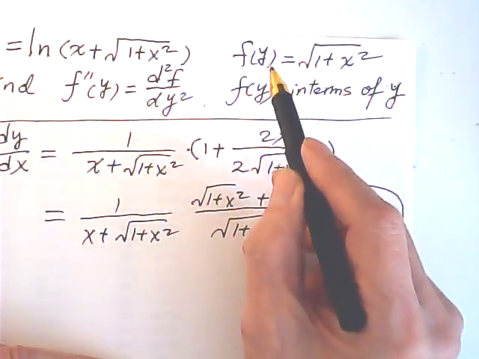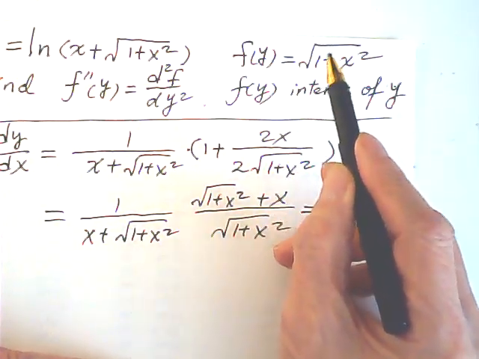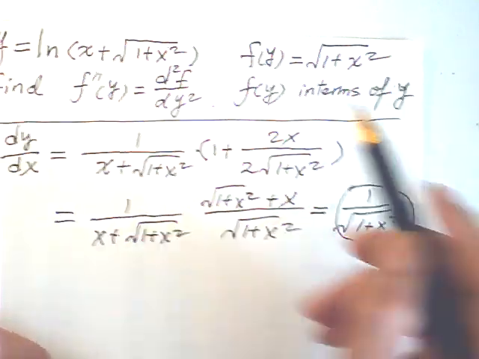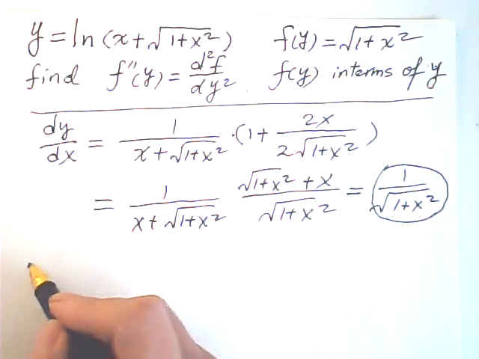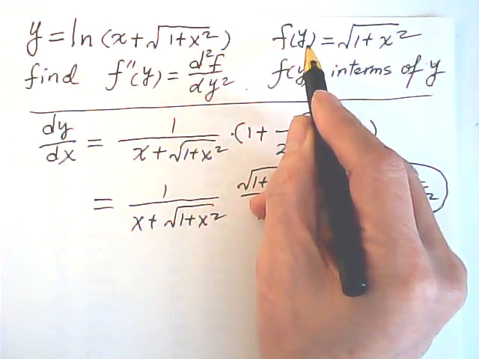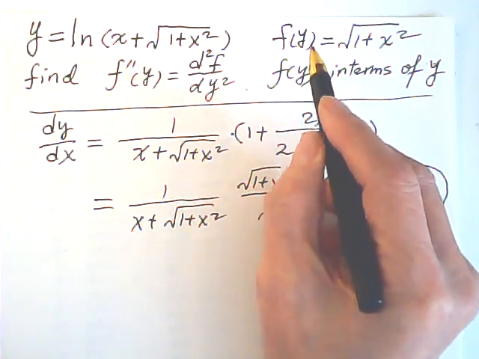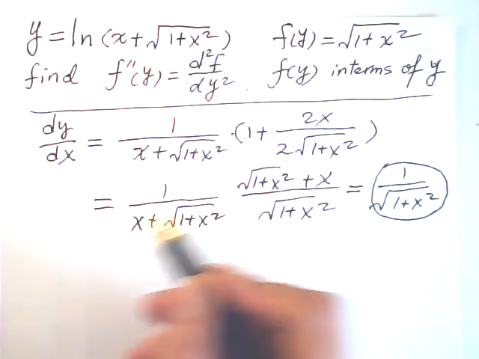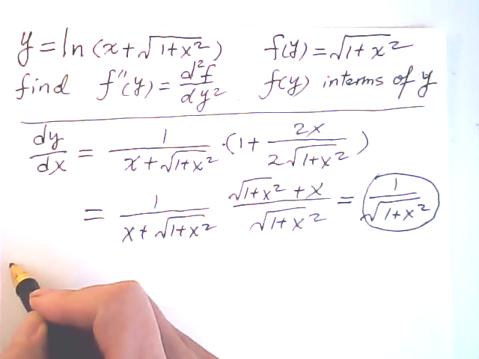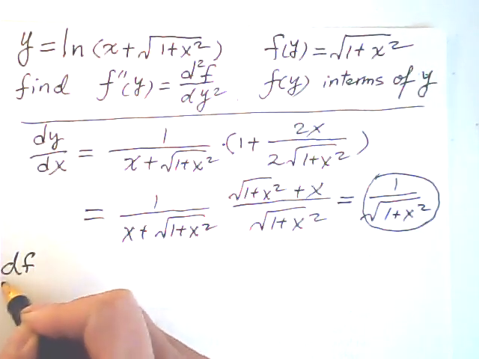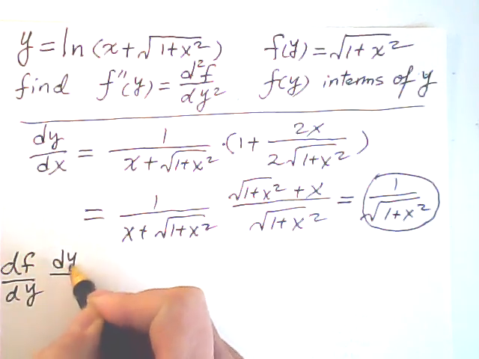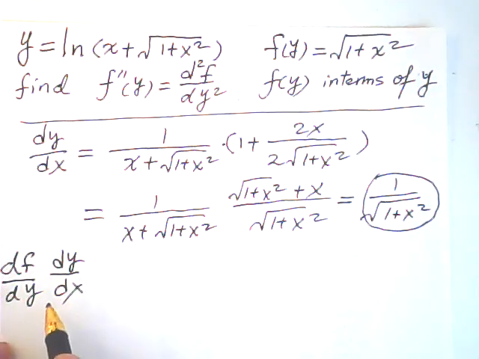We are taking the derivative of both sides with respect to x. But don't forget that f of y is a function of y. So when you take a derivative with respect to x, it has to take y first, then dy/dx. That's called the chain rule, right?